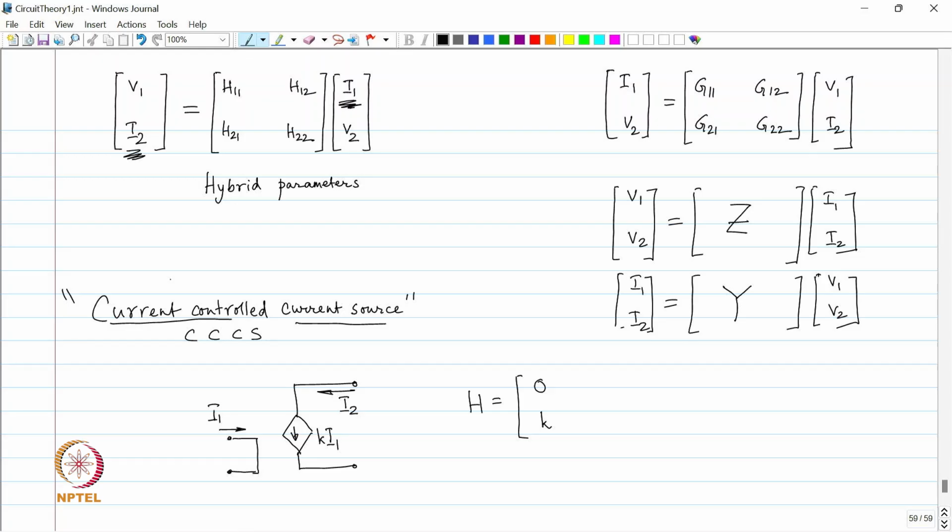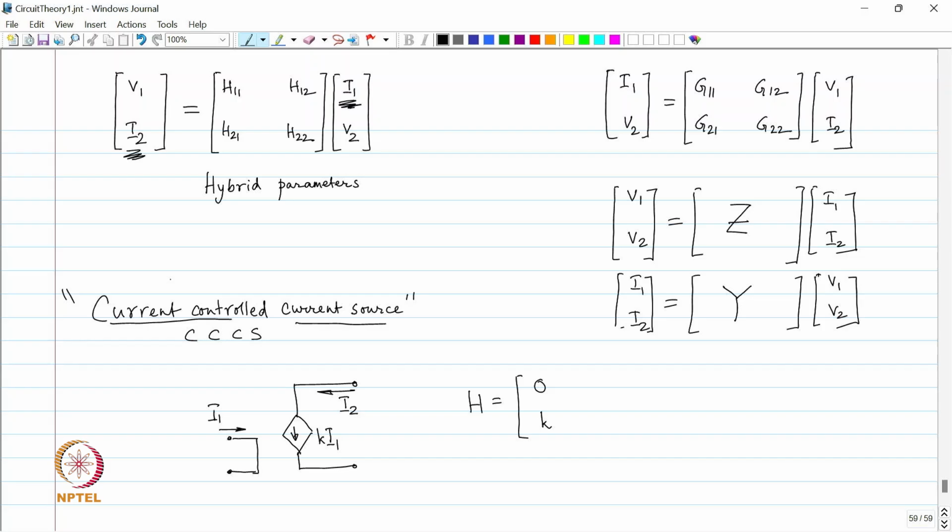So, what do you do with port 1 for H12? What, we open circuit port 1. Okay, I have got I1 at port 1. Okay, you guys are blanking out. How will you compute each of these?